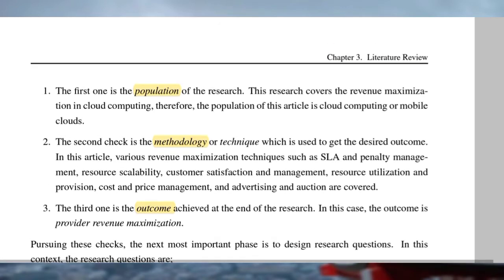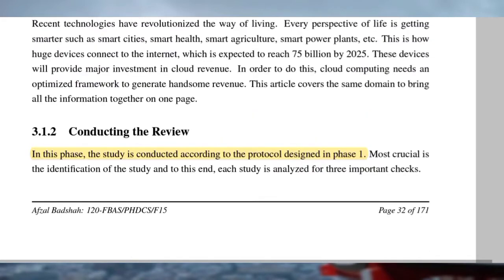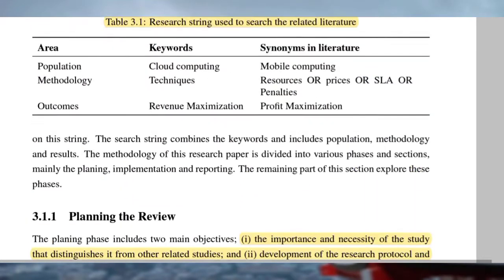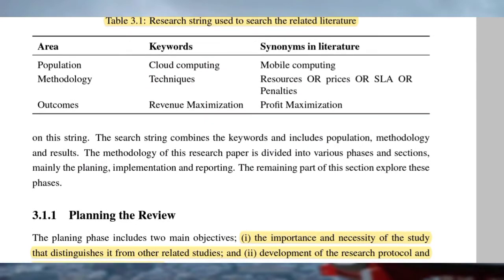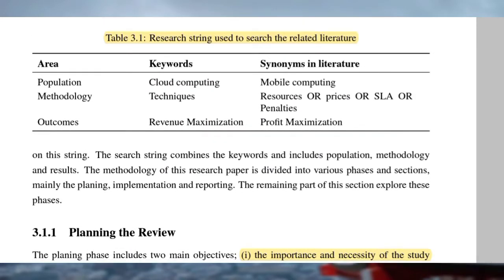Once you have finalized your population, methodology, and outcome, as you can see in this table, in my case the population is cloud computing, and in the synonyms I have also given mobile computing.